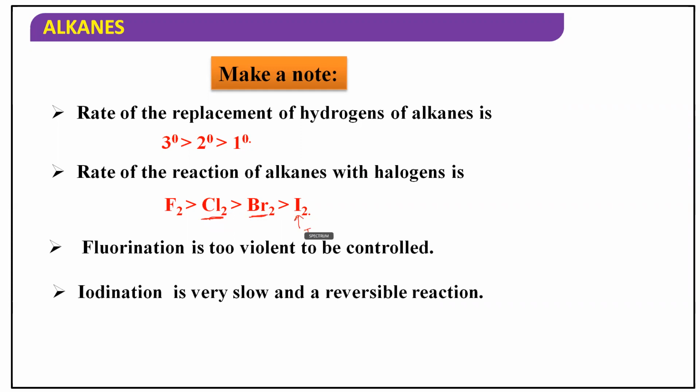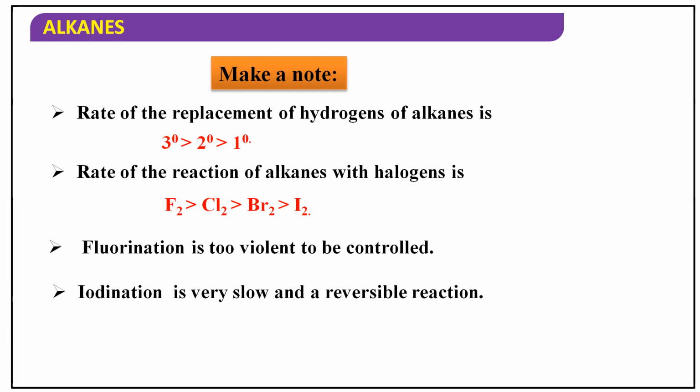This is too slow, this is too fast. In chemical kinetics also we discussed that we don't study too slow and too fast reactions; we generally study reactions with a moderate reaction rate. So fluorination is too violent to be controlled.